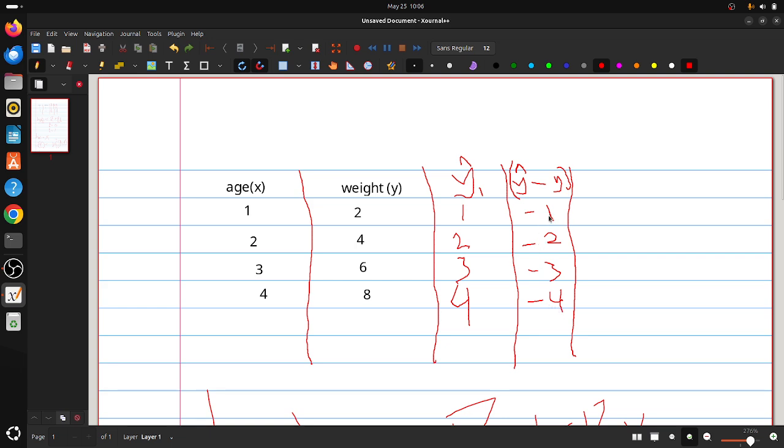So the summation will be negative 10. Maybe if we take the square of that, the predicted value minus the true value squared, this will be 1, this will be 4, this will be 9, and this will be 16.